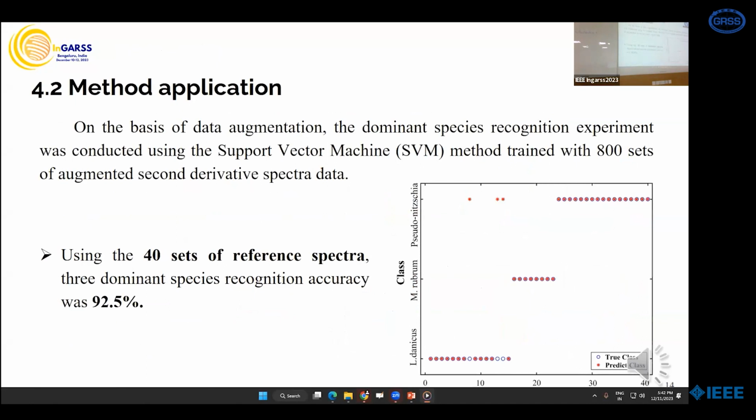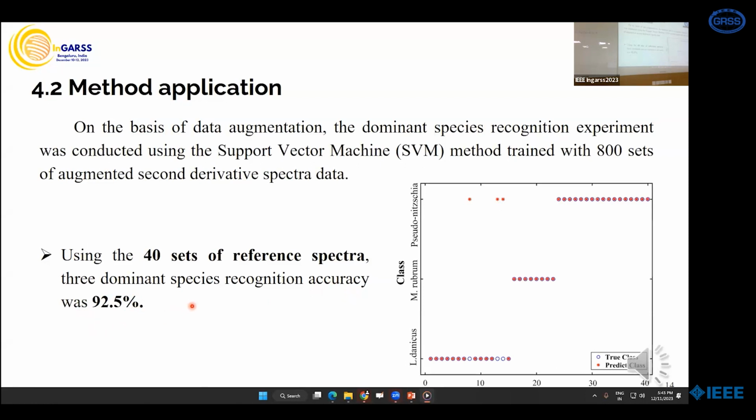On the basis of data augmentation, the dominant species recognition experiment was conducted using the SVM trained with 800 sets of the augmented data. We use the 14 sets of reference spectra to test the classification ability of augmented data. The 3 dominant species recognition accuracy was 92.5 percent.